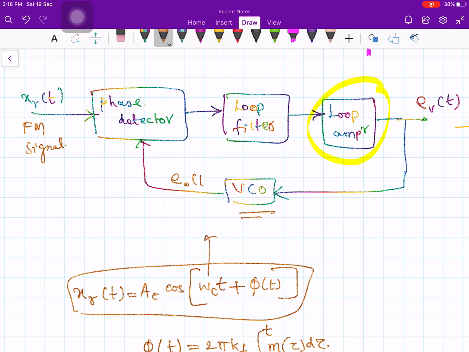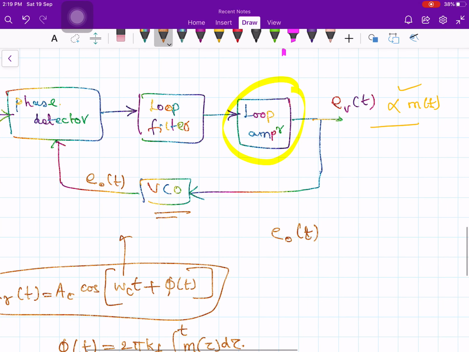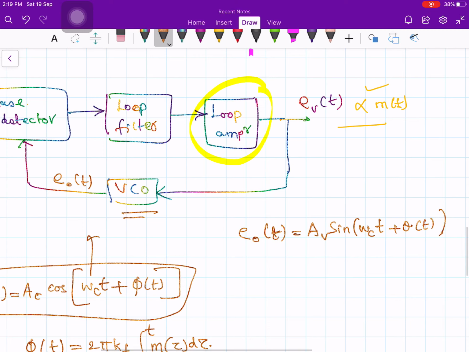We assume that E naught of t is equal to A suffix V times sine of omega ct plus some phase angle theta of t. So initially we are assuming that the output of the voltage controlled oscillator is in this form, AV times sine omega ct plus theta of t.